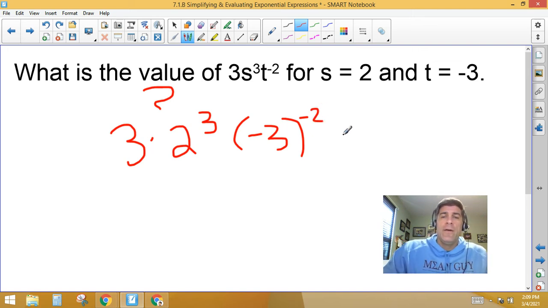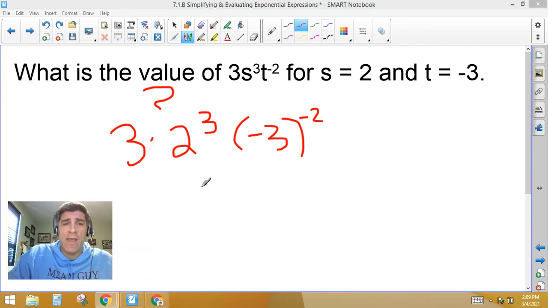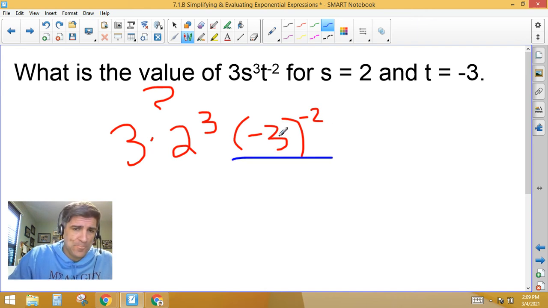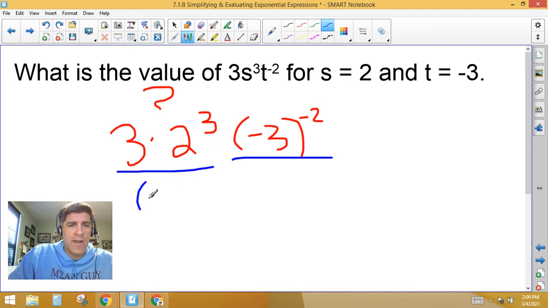Now, the first thing I'm probably going to want to do is simplify it, kind of what I did on the previous page. This negative 3 to the negative second, that's no good, because of the negative exponent. So I'm going to move it to the denominator, and put negative 3 to the positive second now. And now I'm done with that.